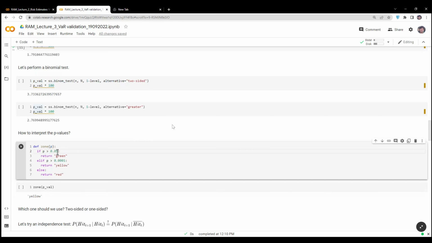And actually in the process of validating risk models, we have several levels. So the 5% here is just a regular level that we use when we run hypothesis testing in a statistical way.